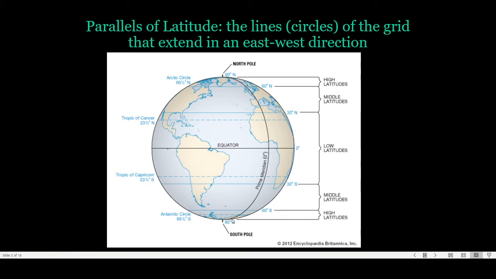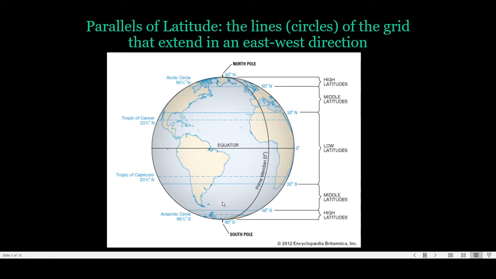It is very important to know that these are the two directions, north or south. And the maximum degrees for latitude is 90 degrees. That maximum is at the North Pole and at the South Pole.